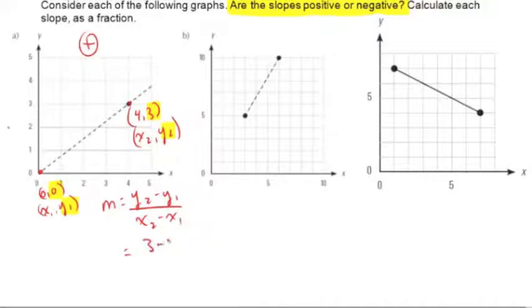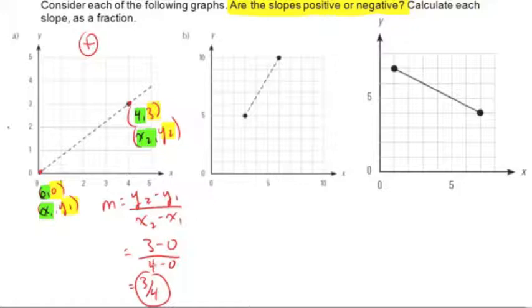That's going to be 3 minus 0 on the top. And on the bottom, we'll compare the x values, or x2 minus x1, or how this thing runs. It should be 4 minus 0, so the slope is 3 over 4.